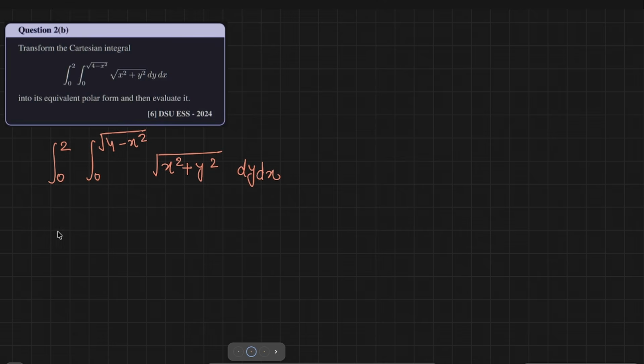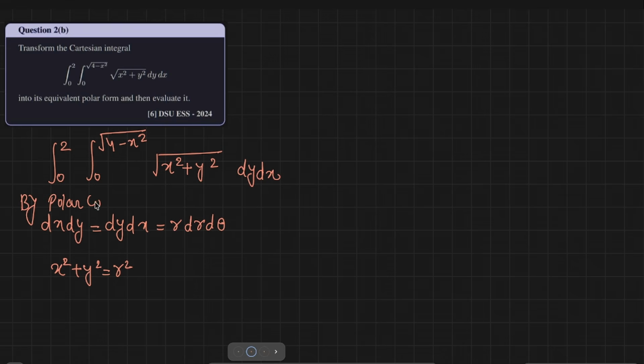Whatever order is written, dy dx or dx dy, you can simply write this as r dr d theta. The next relation is x square plus y square equals r square. You can write this by polar coordinate transformation.